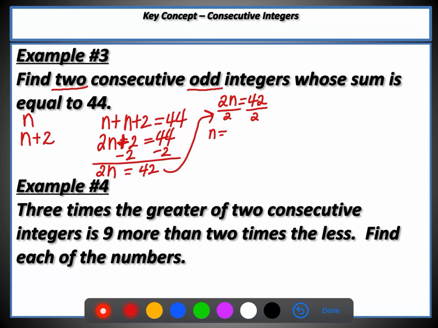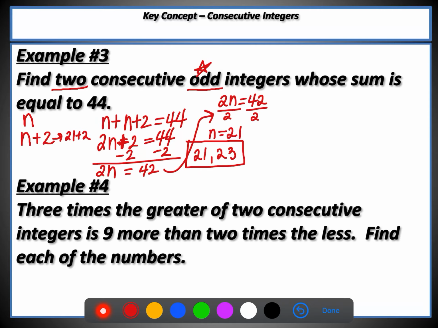All right, so our final answer, we want to make sure that it is an odd number. Okay, we get 21. So 21, and then 21 plus 2, 23. Okay, those are our 2 final answers for that one.